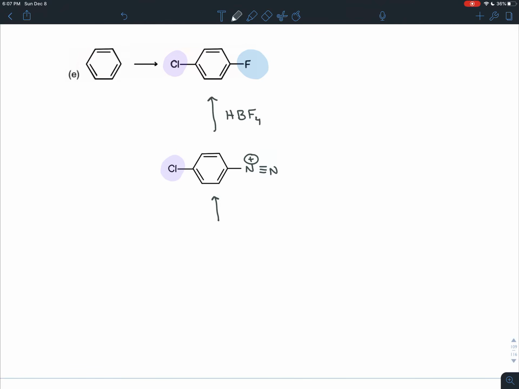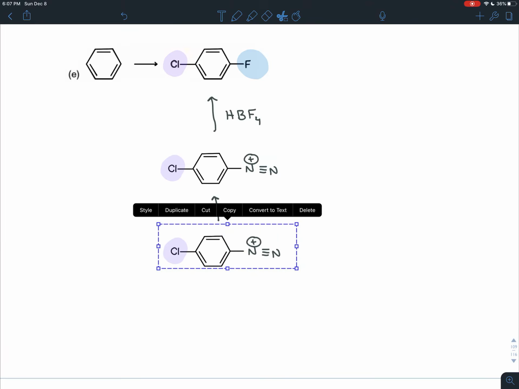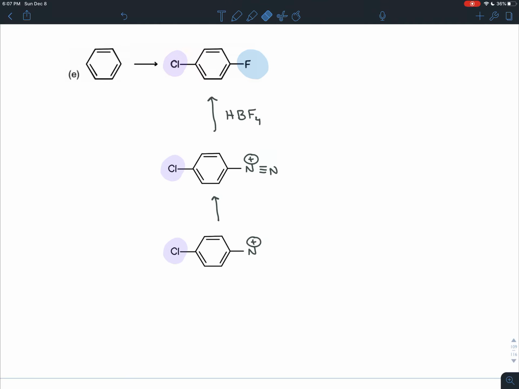And the way we've seen how to do that is, the only way we know to make the diazonium ion is from a primary amine. So we would treat that with sodium nitrite and HCl, and we could get a primary amine from a nitro group.